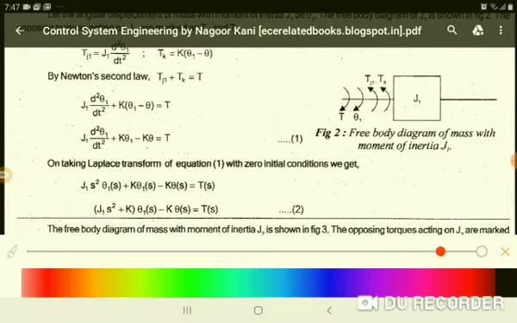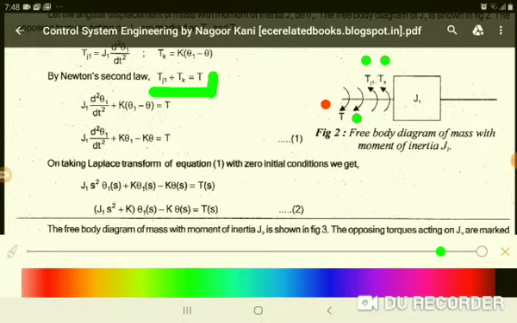Here the applied torque T, then the angular acceleration theta 1, then two opposing torques from moment of inertia J1 and K. So the applied torque T equals the opposing torques, the torque at J1 and the torque at K.